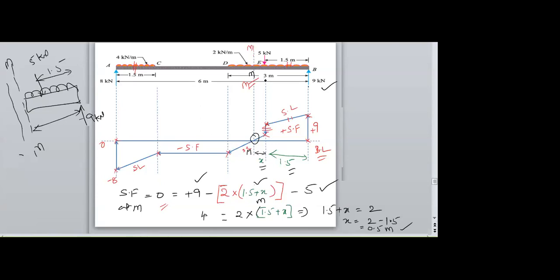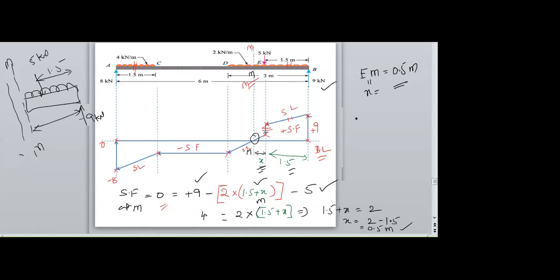That means the distance from E to M is 0.5 meters. I have considered this X as E to M. Therefore, I got this value as 0.5.